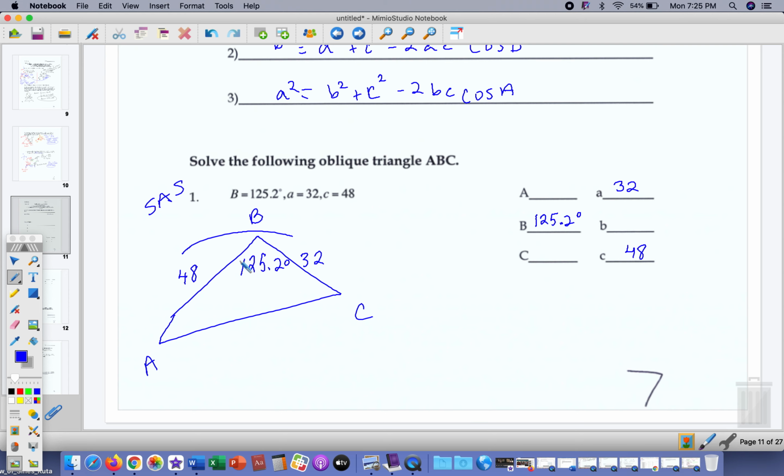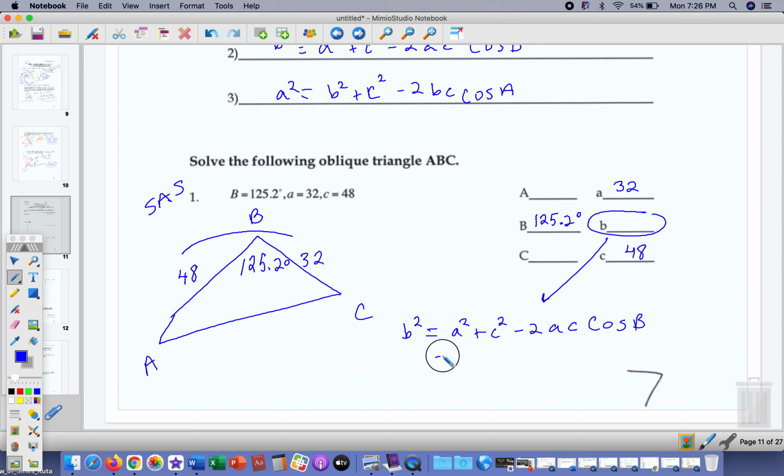So we can search for little b, side b. We're going to use b squared is equal to a squared plus c squared minus 2ac cos b.